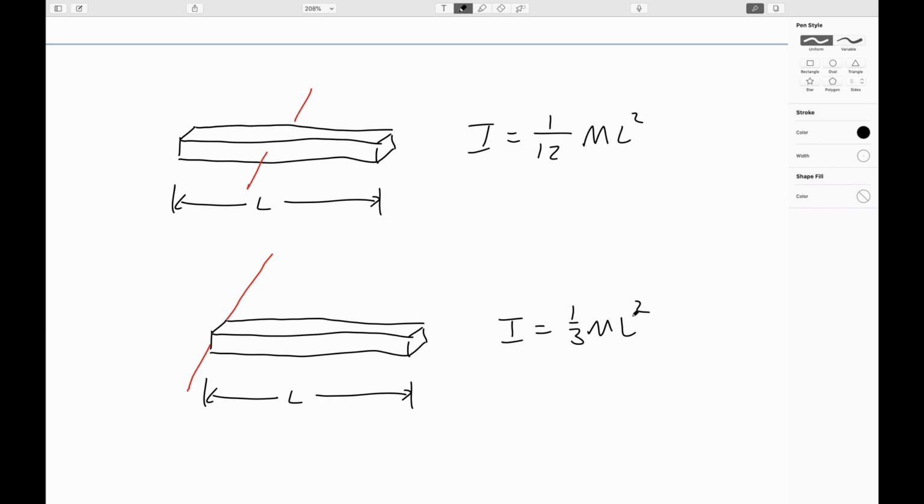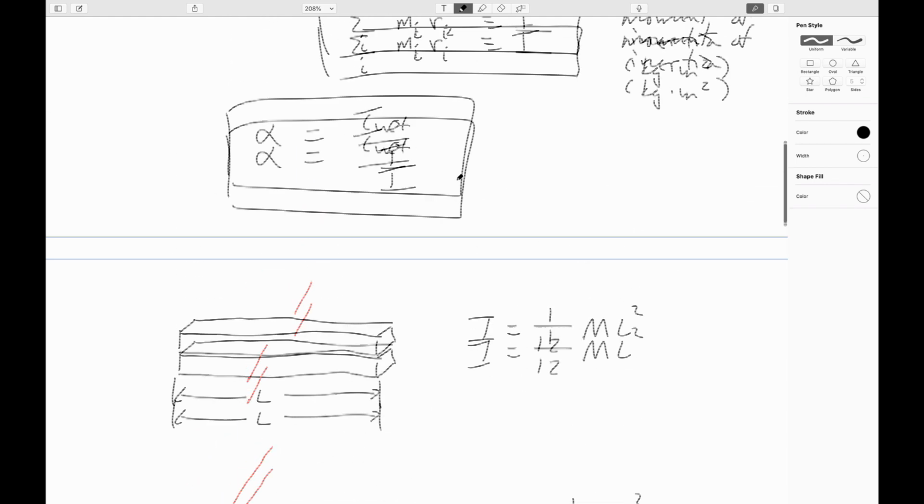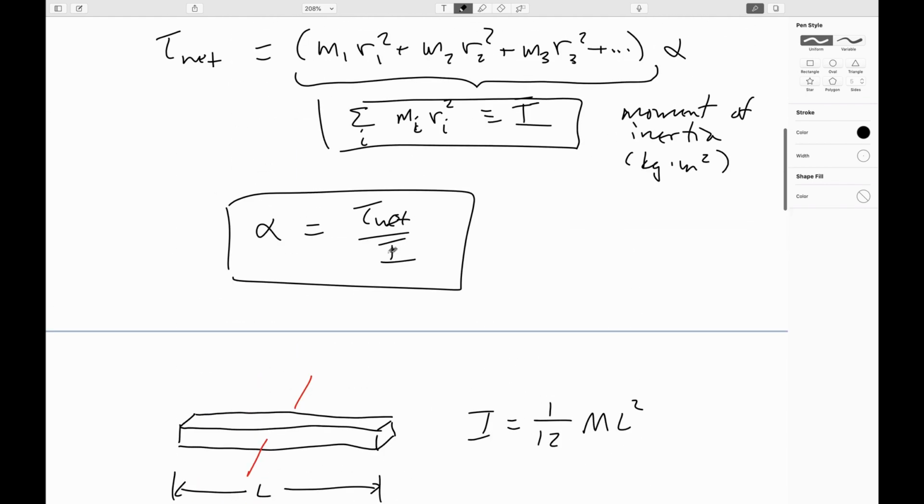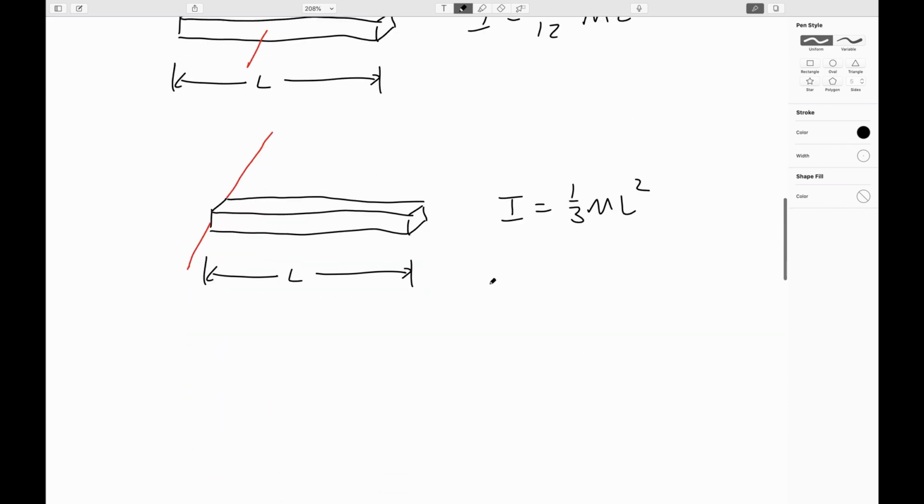So it's the same object, but the contention is that's 4 times harder to twist, because effectively we can think of this moment of inertia as describing how hard it is to twist something. Just like the mass says how hard it is to accelerate something, the moment of inertia says how hard it is to twist it. So the bigger the moment of inertia, the harder to twist. So here it's 4 times harder.